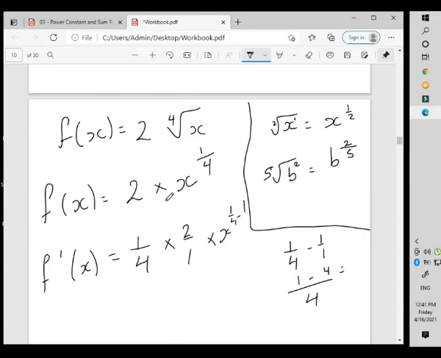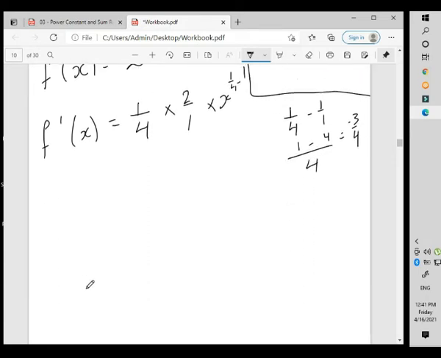So you have minus 3/4, which means you would have the x variable with the power in the denominator. Is there anything I could cancel here? Yes, 2 1s are 2, 2 2s are 4.